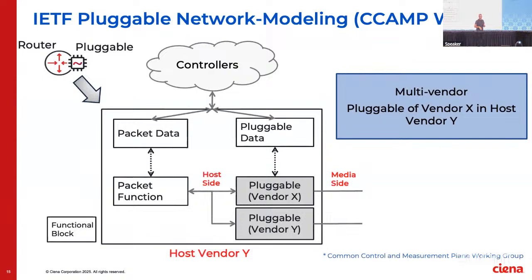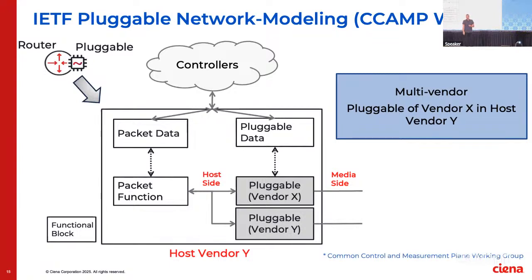If I blow up the router and pluggables, this is the picture I see. Again, these are the logical components that you see inside the host vendor Y. For example, there is a router from vendor Y. I put pluggables from vendor Y and X. That's where the third-party, multi-vendor aspect comes into the picture, where I put two pluggables from two different vendors inside the router.